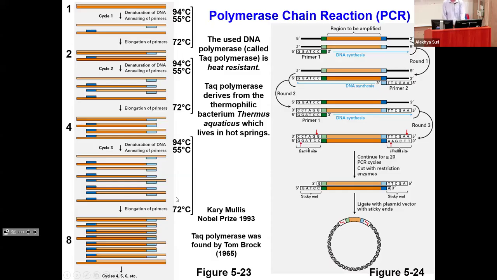There was somebody, who was it? This was Tom Brock here. You can see here, 1965, he studied hot springs, hot boiling water. And he could see that there are some living cells in this hot spring.